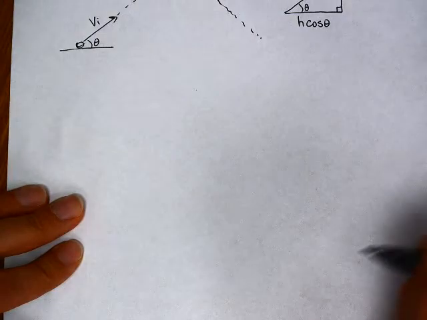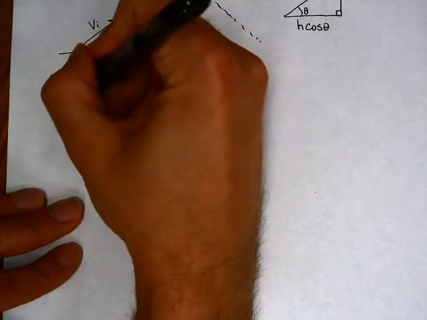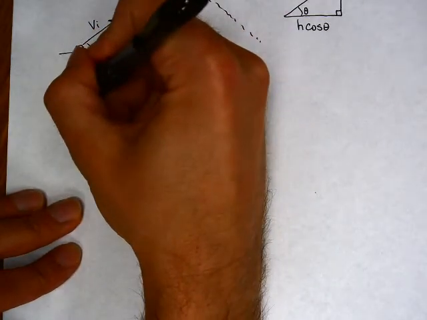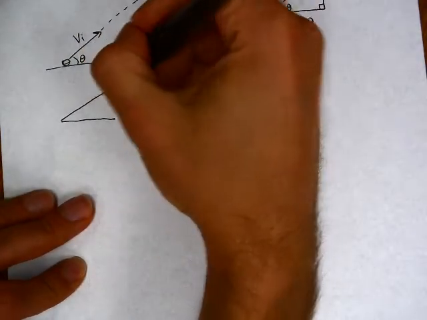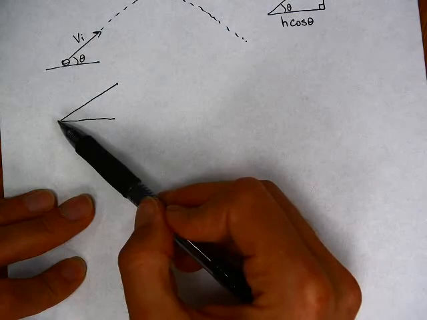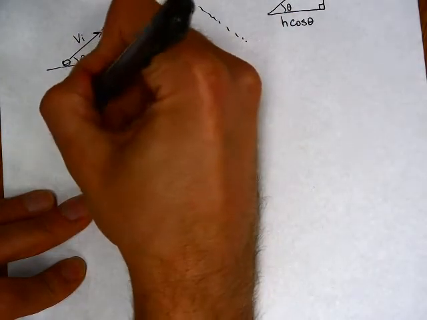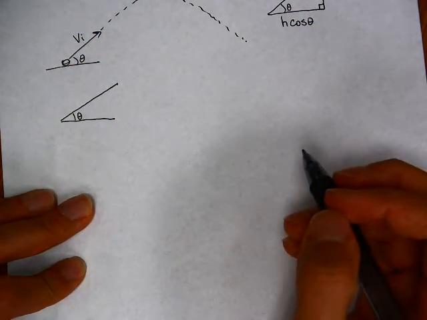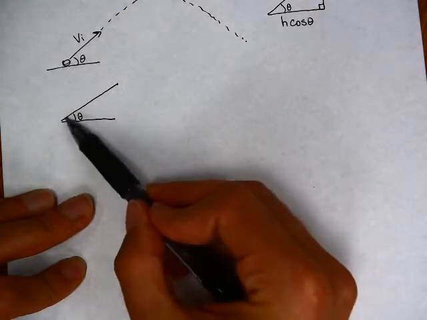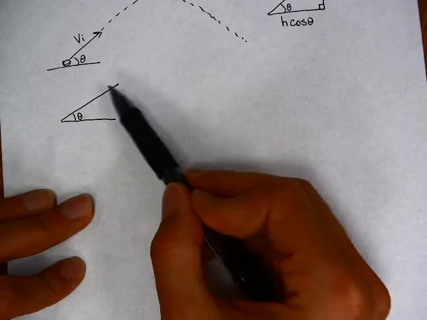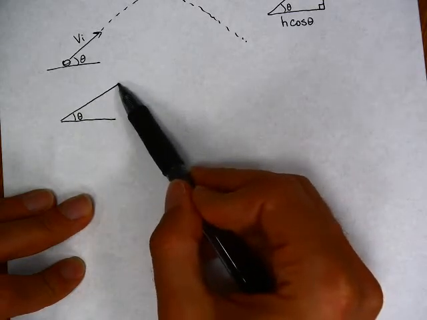Now we will draw a triangle that pertains to this problem. If an object was kicked upward at this angle theta and gravity was turned off, it would move along a gravity-free path that was just straight. It would not deviate from this angle.